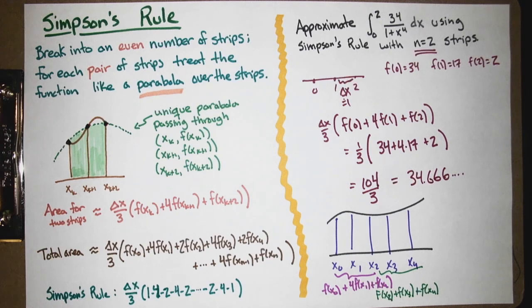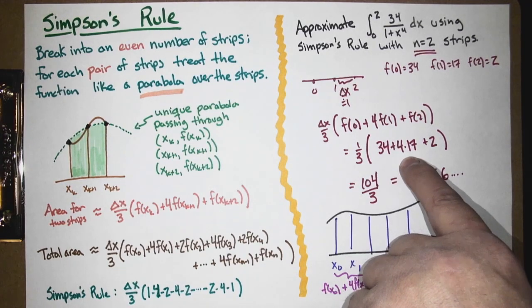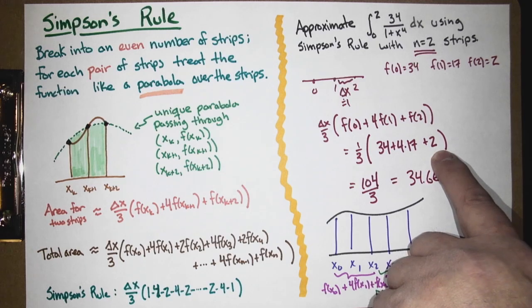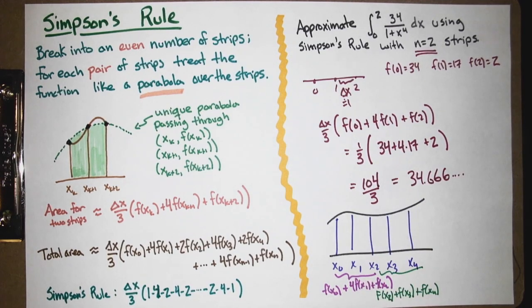I feel like I missed a step here. Well, 4 times 17 is 68, plus 2 is 70, and the plus 34 makes 104. So, strange. Very curious.